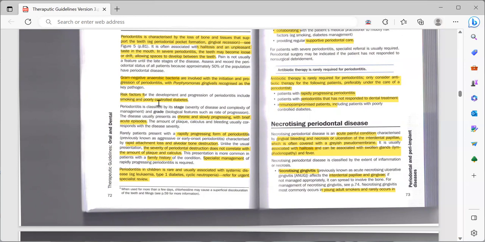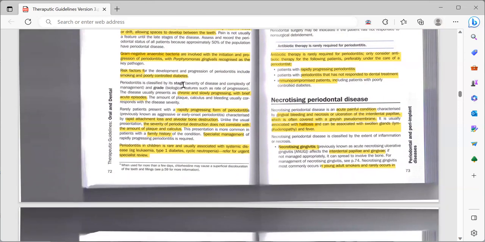Here the main thing you need to focus on is whether the patient has poorly controlled diabetes. If the patient has stable diabetes, that patient would be equal to normal people. So only in the case of poorly controlled diabetes and smoking does the risk of periodontitis increase.